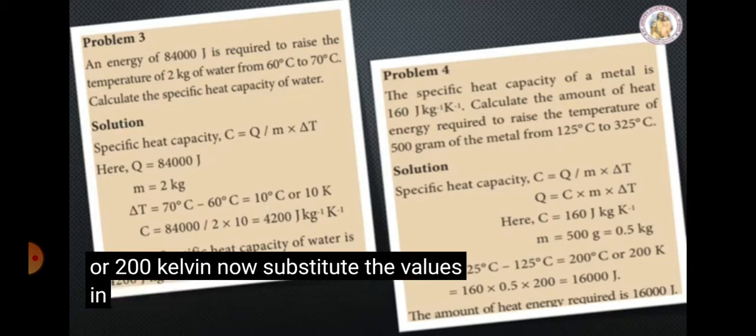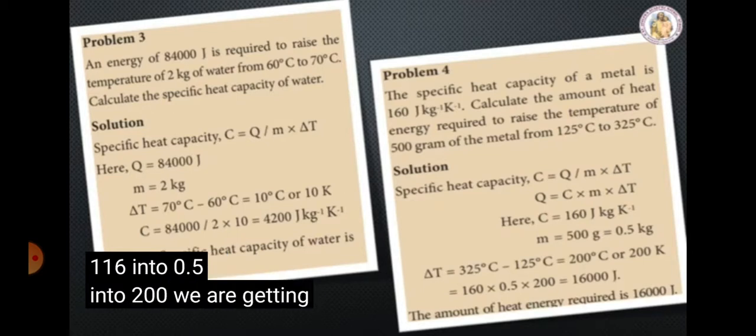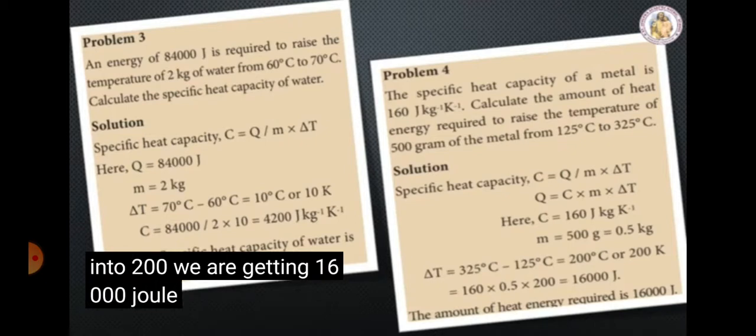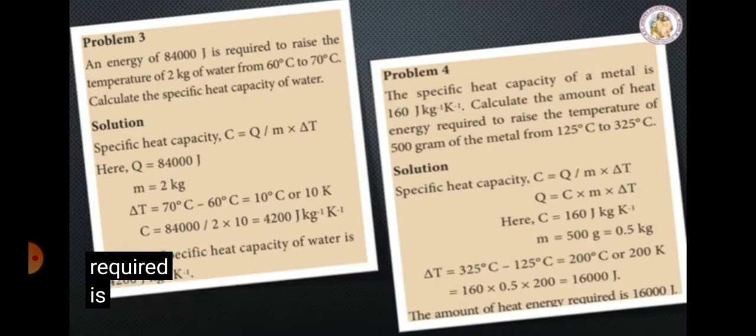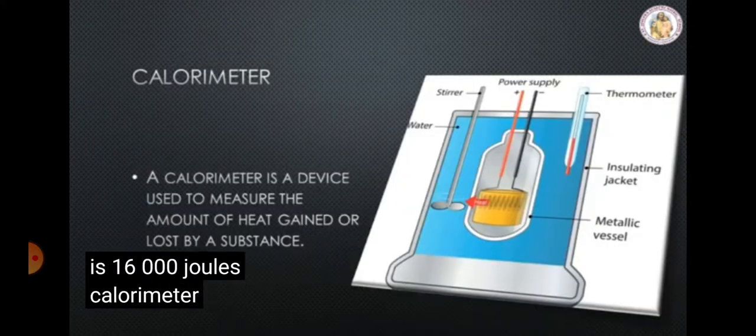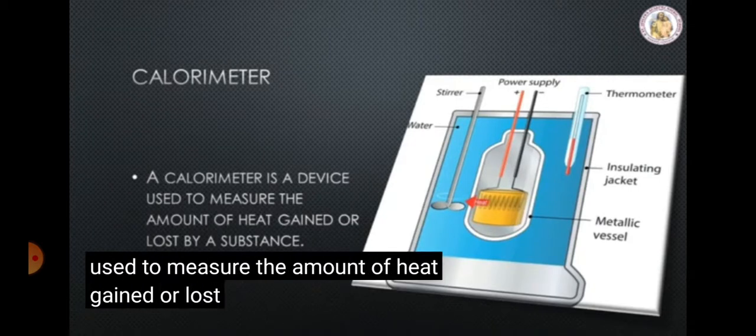Now substitute the values in the formula. 160 into 0.5 into 200, we are getting 16,000 joule. So the amount of heat energy required is 16,000 joule.